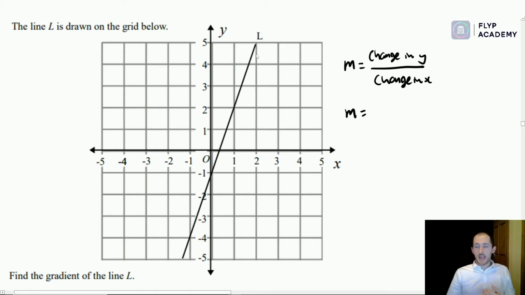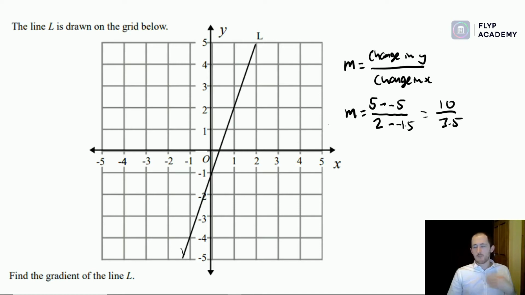It ends up at 5, and it started off at minus 5. Or if you used your head, the difference between 5 and minus 5 is 10. Okay? For x, it ends up at 2 and starts off at about minus 1.5. So we have 10 over 3.5, right? And you don't have to specify any clearer than that.